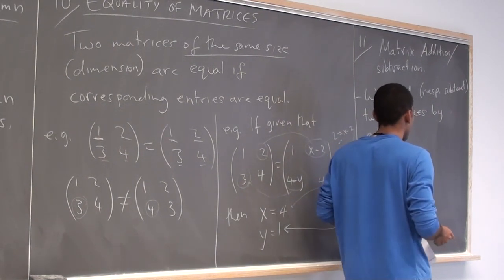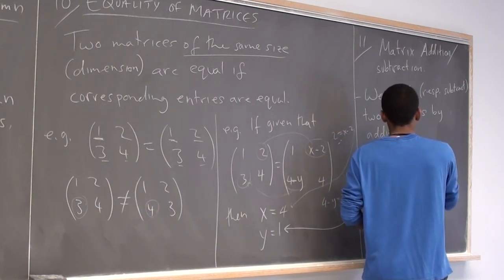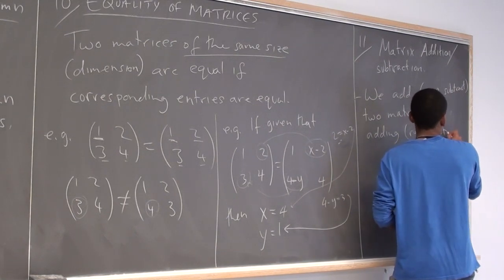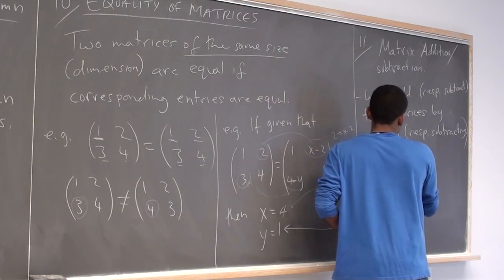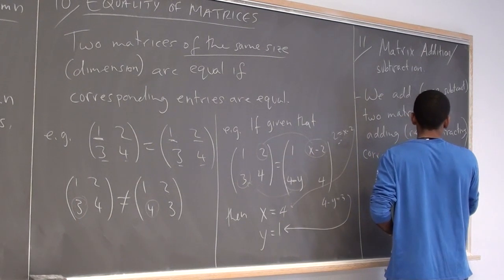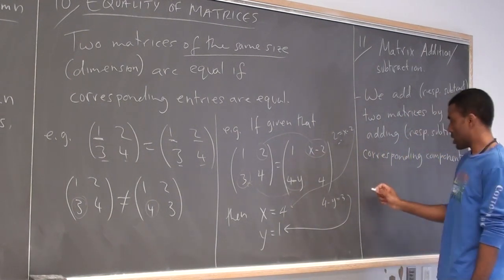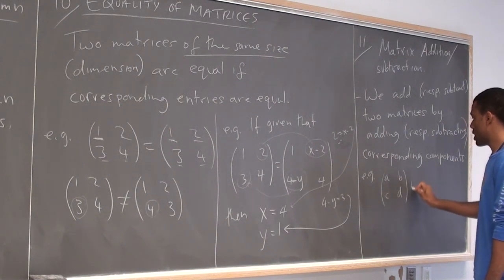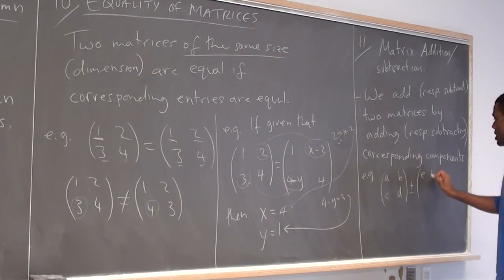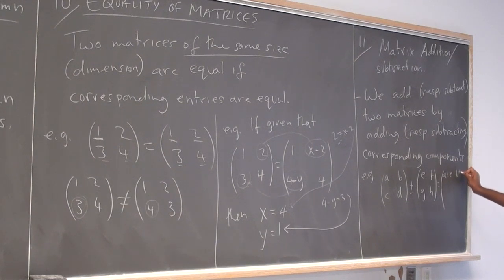It's not really grammatically correct with the subtract word, but you get the idea: by adding, respectively, subtracting corresponding entries. Example: matrix A, B, C, D, and I want to add or subtract E, F, G, H, then this is just the matrix A plus or minus E, B plus or minus F, C plus or minus G, D plus or minus H. So addition is done in the obvious way. You just add or subtract corresponding components.